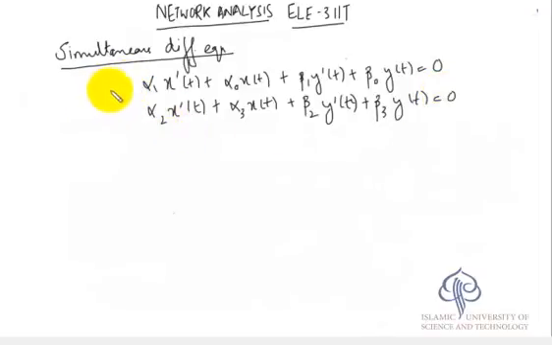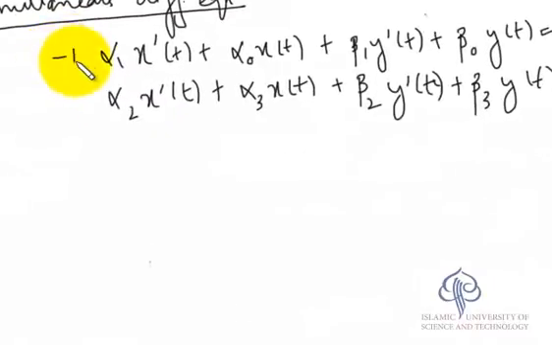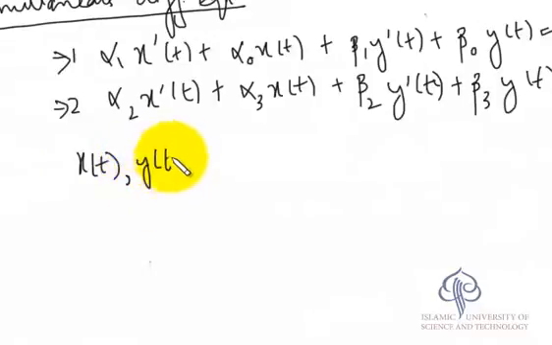So you have a set of two differential equations, equation number 1, equation number 2, and you don't have just one unknown, one variable x(t), you also have another variable which is y(t). So this is a set of simultaneous ordinary differential equations with constant coefficients which is homogeneous.